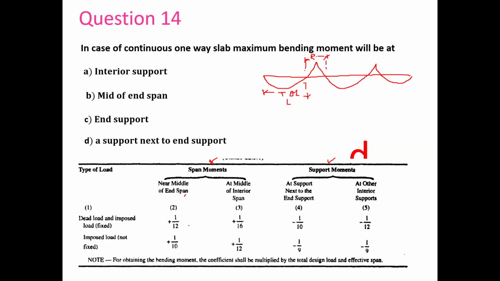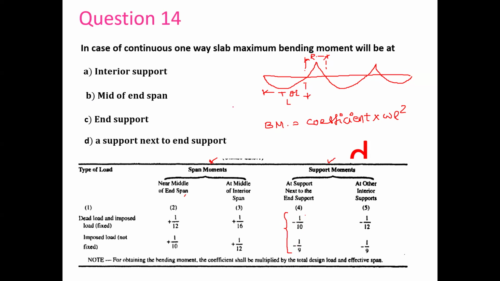Now we have these coefficient values. Bending moment is the coefficient into WL square. Whatever coefficients are given, the lesser coefficient and the combination of these two will give us the maximum bending moment.